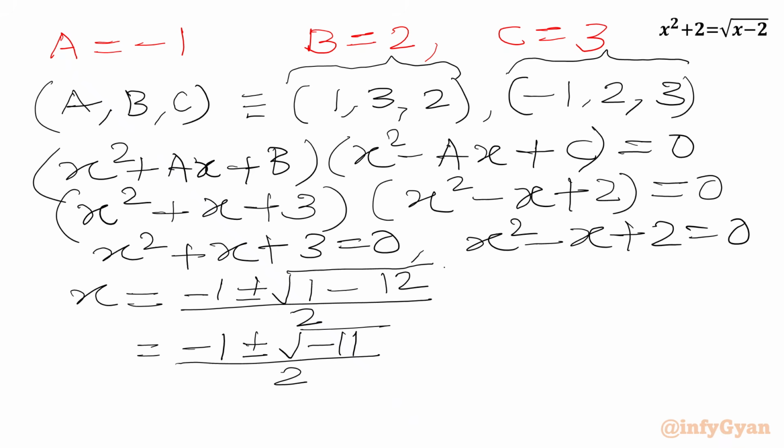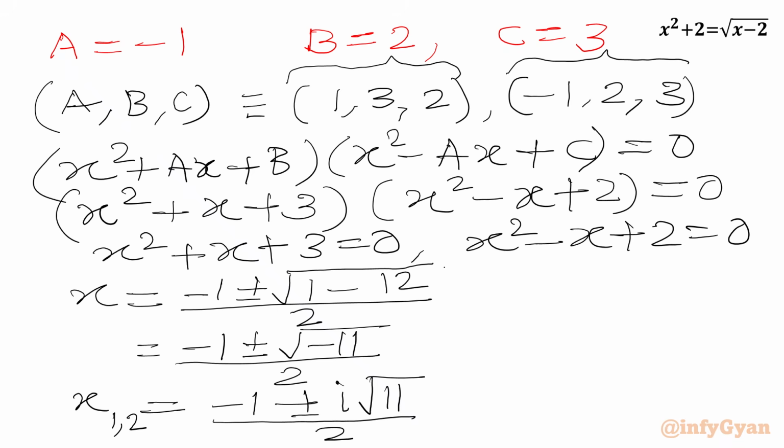Now we know that square root of -1 is the complex number i. So we can write -1 plus minus i square root 11 over 2. We have two complex solutions. So I will write here 1 comma 2.